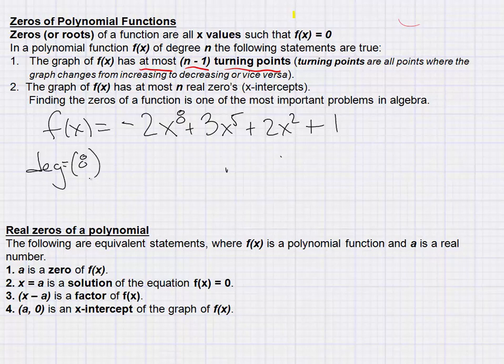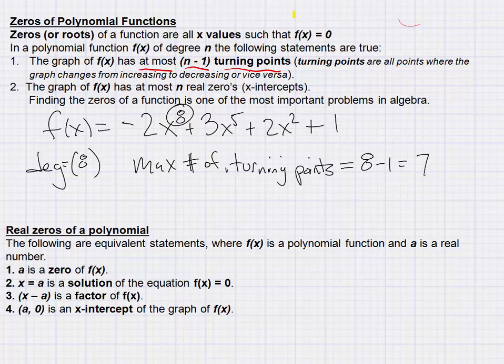That's the highest power on the variable. So then the max number of turning points is going to be 1 less than that, which is 7. So now this is an odd number.